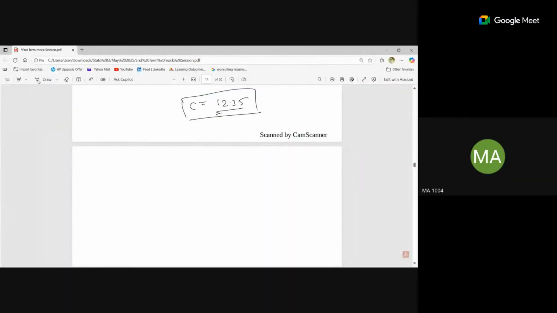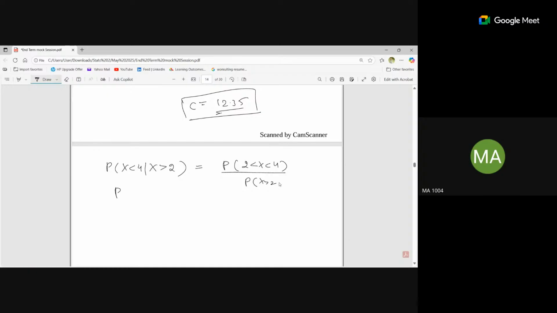You need to find out the probability that my x is less than 4 given that my x is greater than 2. I can write this as the probability that x is less than 4 and x is greater than 2, that means it is going from 2 to 4, divided by the probability of x greater than 2.